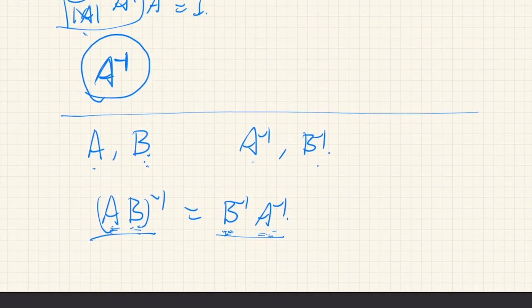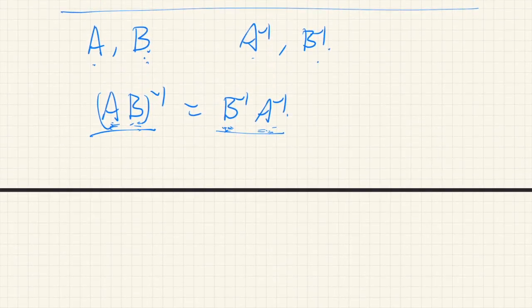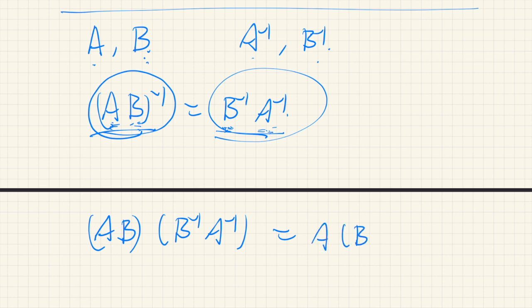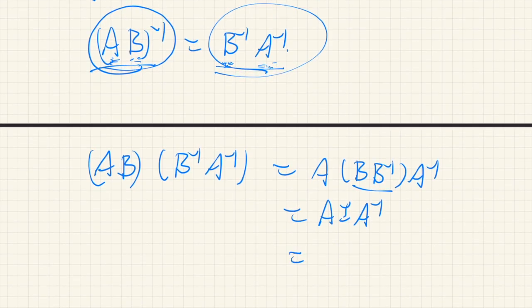It's easy to prove this one. In order to show that this is the inverse of AB, we just multiply. AB times B inverse A inverse is equal to, because of the associativity of matrix product, A times B B inverse times A inverse. B B inverse becomes the identity, and this becomes A times A inverse, which is the identity.